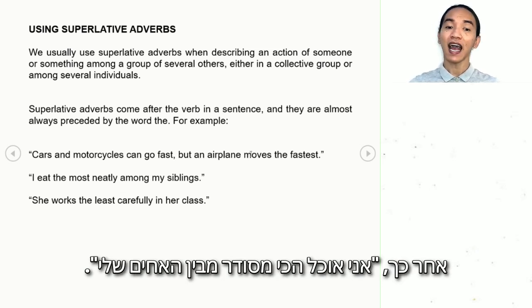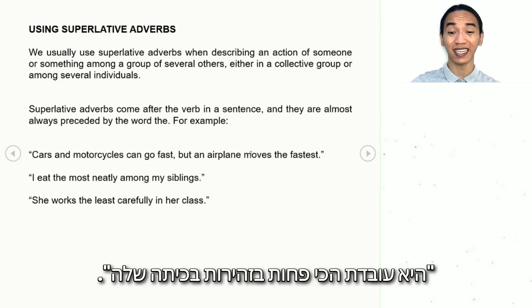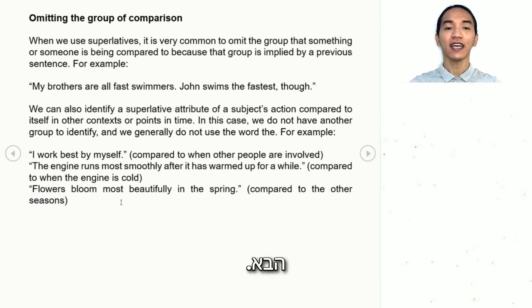Next, I eat the most neatly among my siblings. So the action of eating, eating neatly. She works the least carefully in her class. So as you can see, your superlative adverbs here come after your verbs. All right?